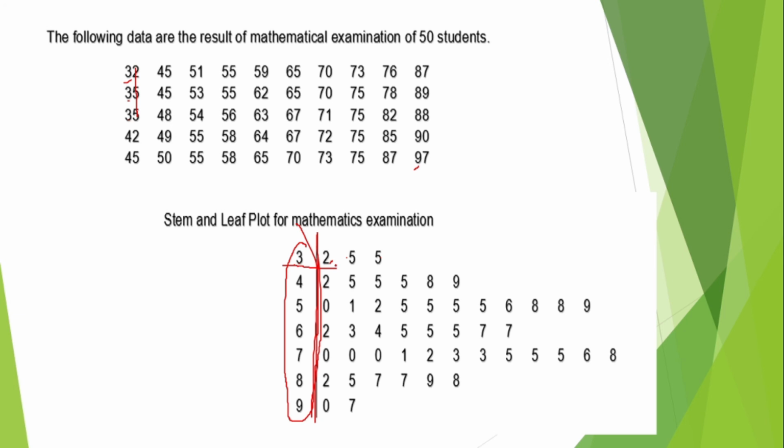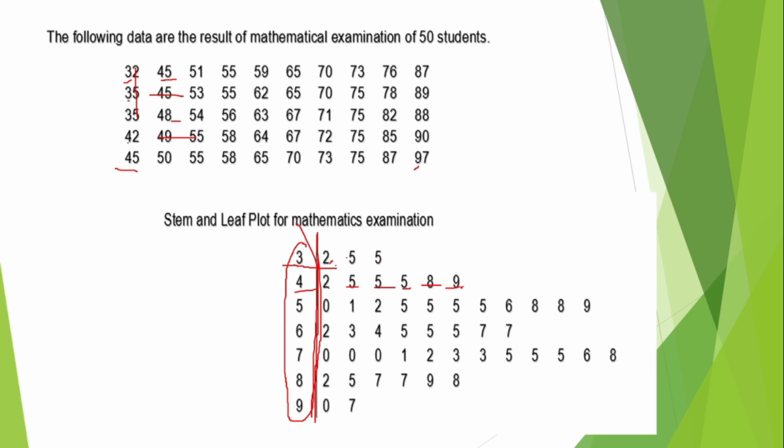For 32, 35, 35. And for 4, you have 1, 2, 3, 4, 5, 6. It has 6 ones digits. So for 4, we have 42, 45, 45, 45, 48, and 49.